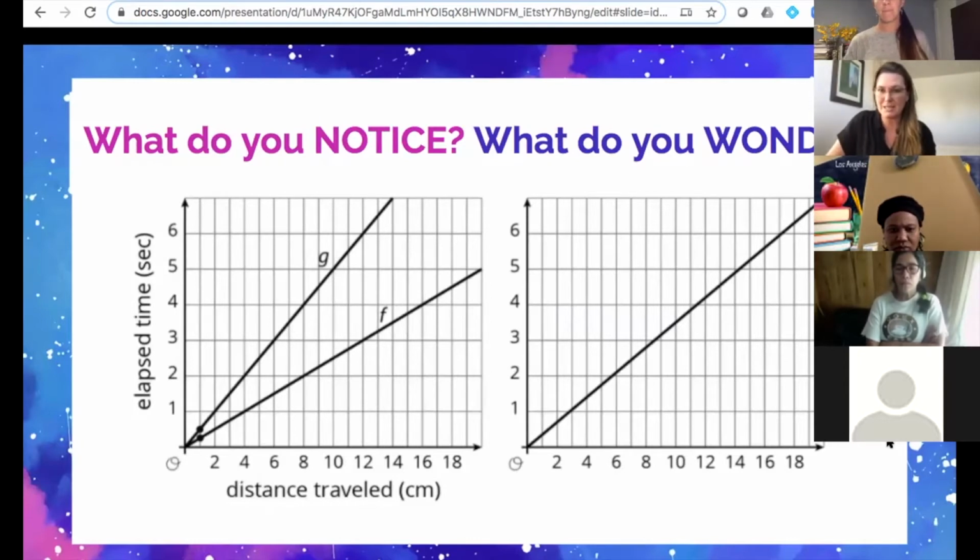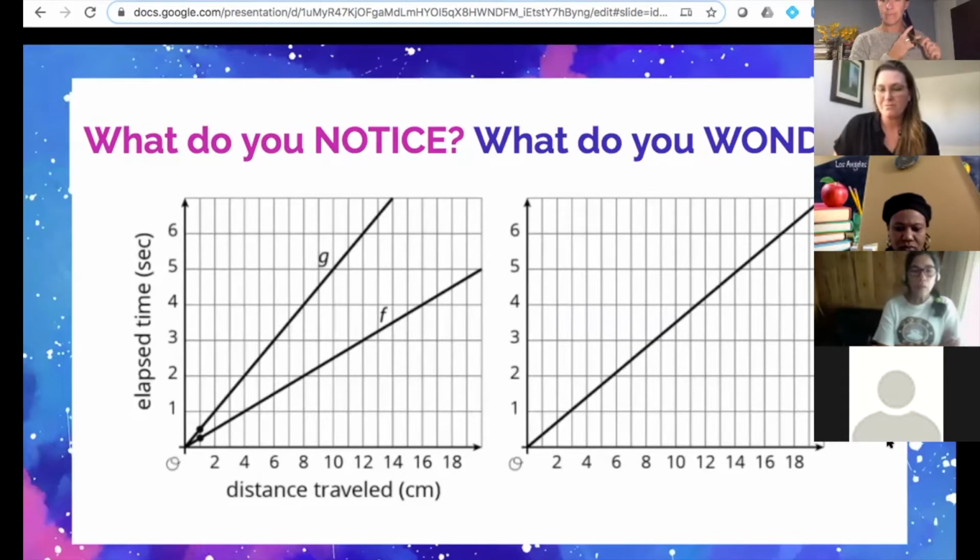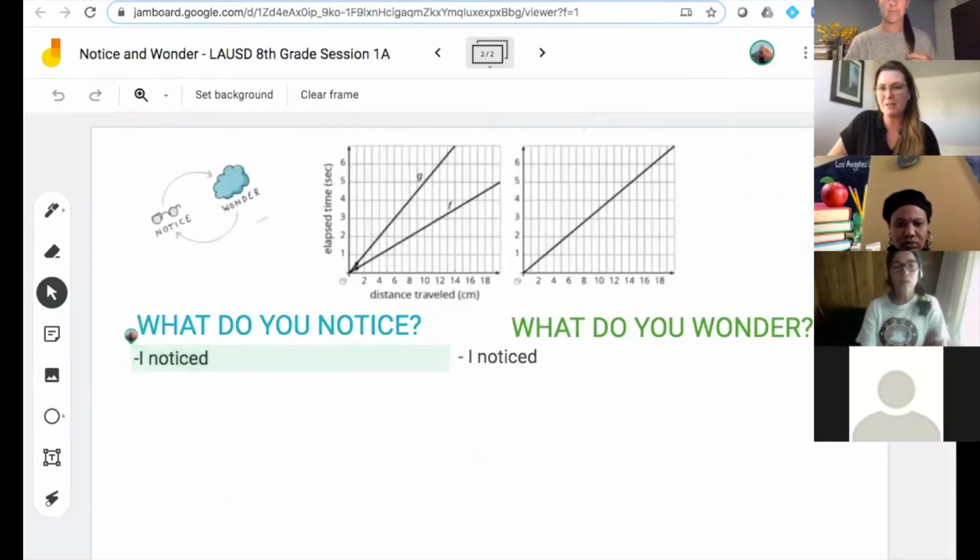Just take a second and look. I wonder if someone would like to unmute. Since we have a small group, we can just unmute and share, and I will scribe some of your noticings and wonderings. What do you notice about these graphs? Would anyone like to share something they notice?